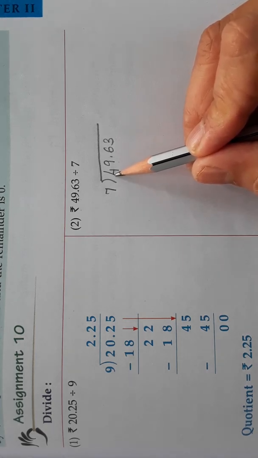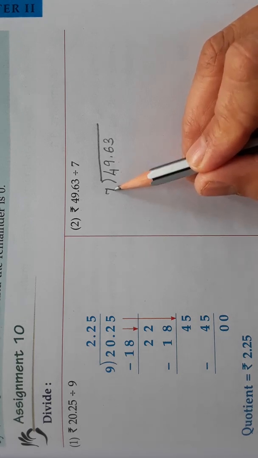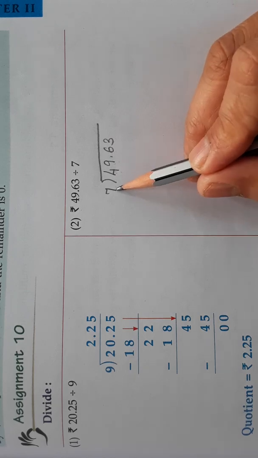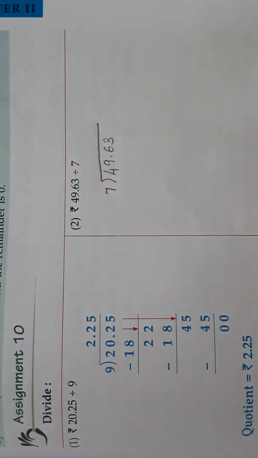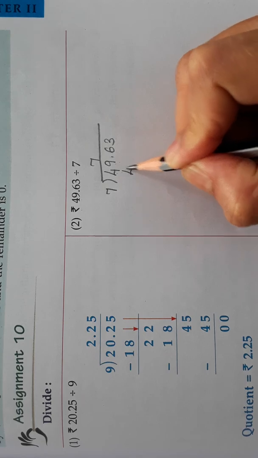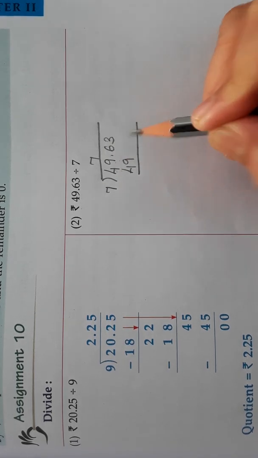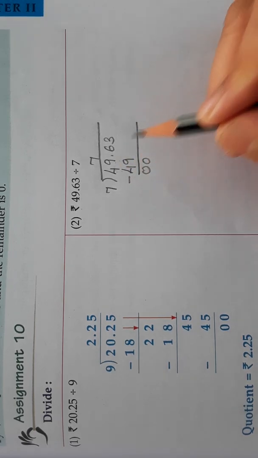Since 4 is smaller than 7, take 2 numbers, 49. Take both numbers and in the 7 table you find 49. We know 7 sevens are 49, okay. Understood, children? So, 9 minus 9, 0. 4 minus 4, 0. This is over.